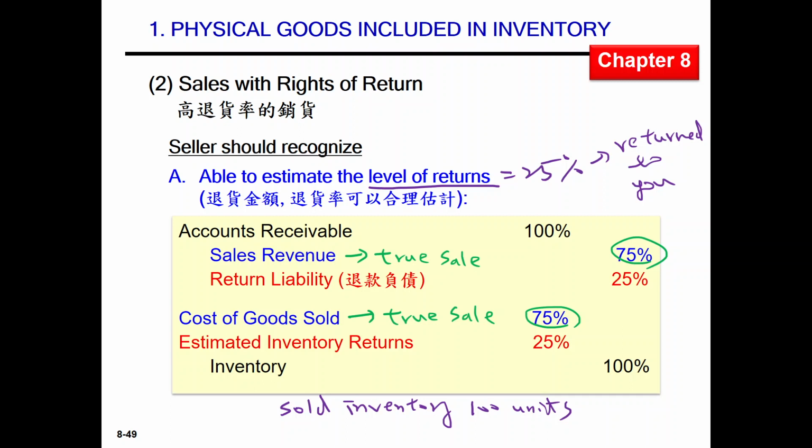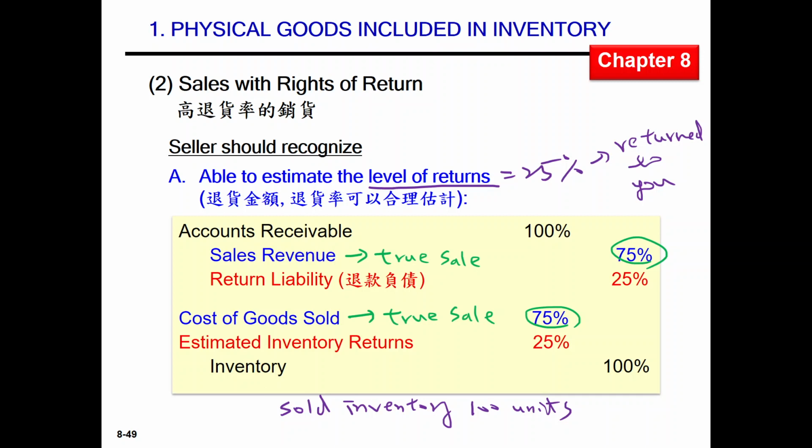Since you gave customers 100, at this moment how much money will you ask customers to pay you? 100. Why is that? Because I gave them 100 units. So of course, at this moment, I will ask them to pay me 100. Okay? Any questions? So that's why our inventory decreased 100.